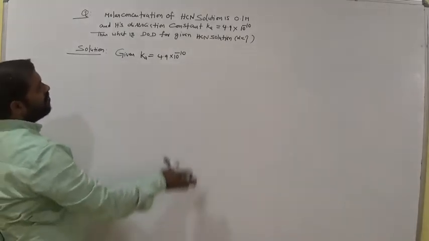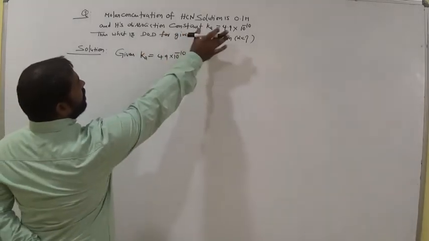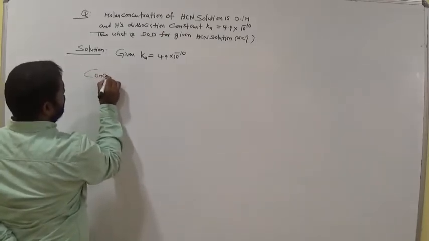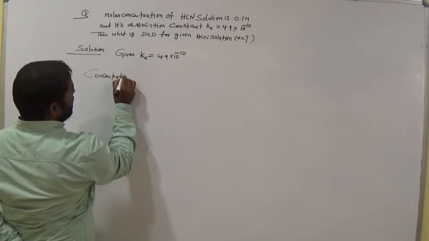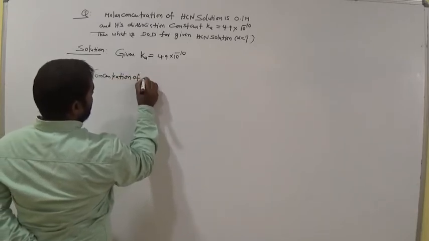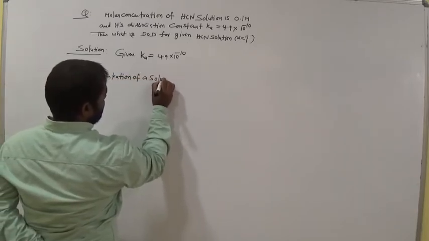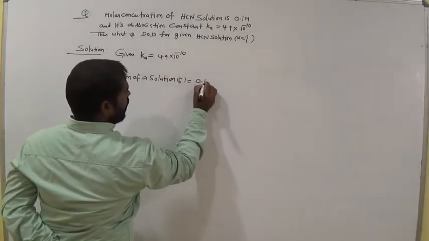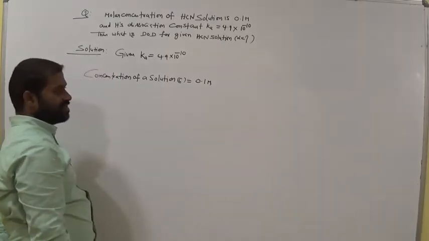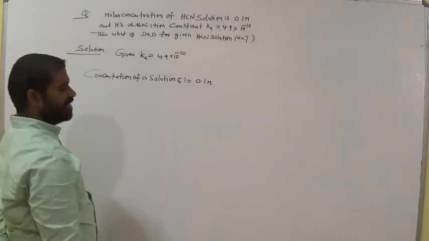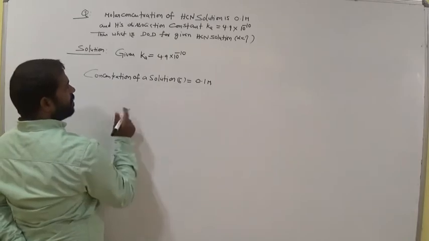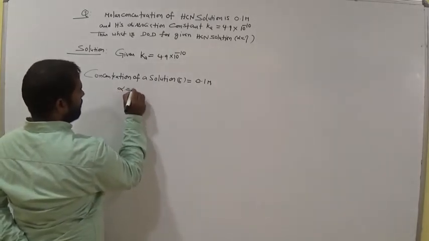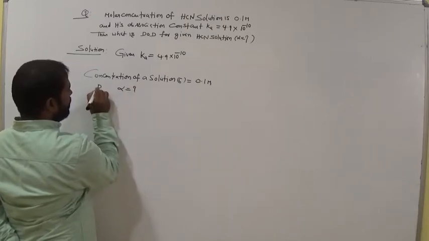Now what about the concentration of the solution? C is how much? 0.1 molar. Remember this, that represents concentration in molarity. Now what about alpha? That is the degree of dissociation.